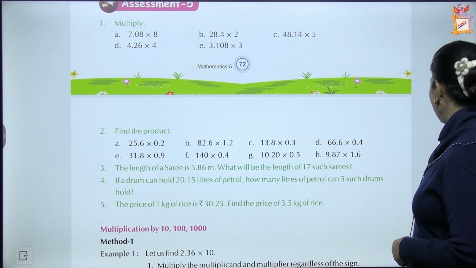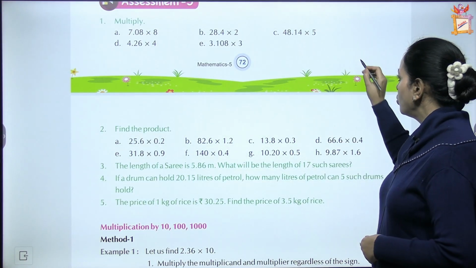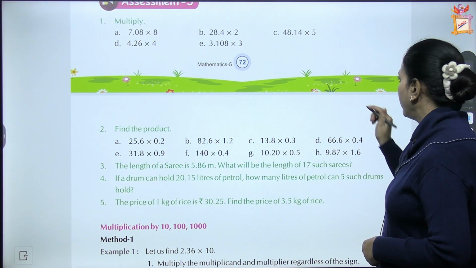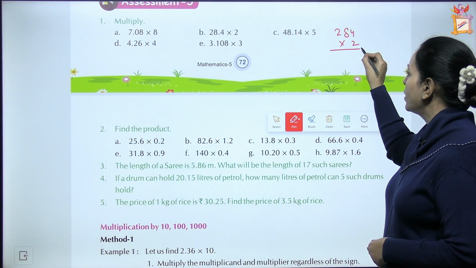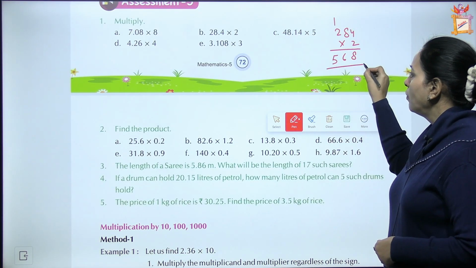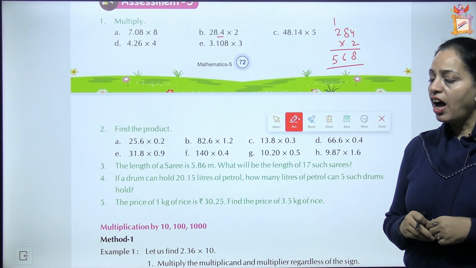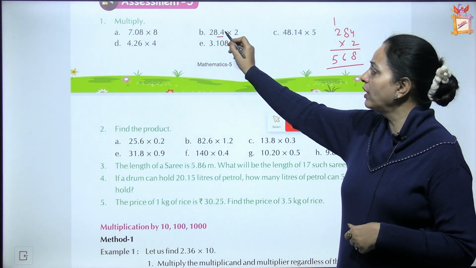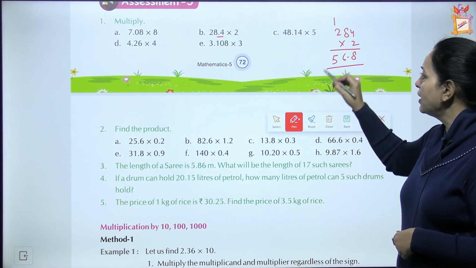Okay. Now assessment 5, question number 1. Multiply, like B part 28.4 into 2. So what to do? 28.4 means 284 into 2 without the decimal point, multiply, 568. Now in the question see the digits after the decimal point, here one digit only. So in the product put the decimal before one digit.